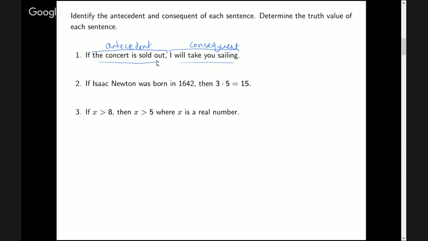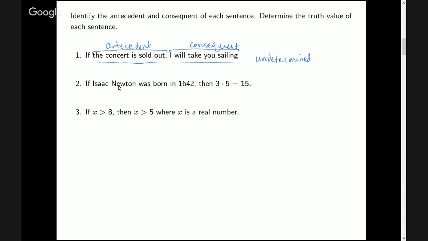We can't determine those, but it's still a proposition because it's in the form if P then Q. So undetermined, true or false. I can't determine the truth or falseness of P and Q, so I can't determine whether that's true or false.